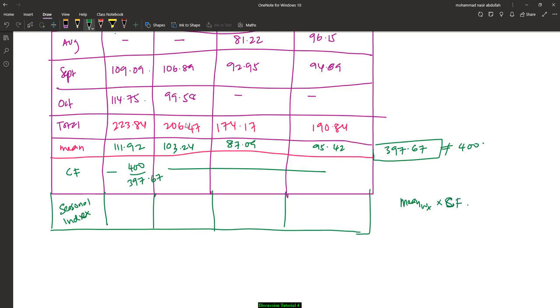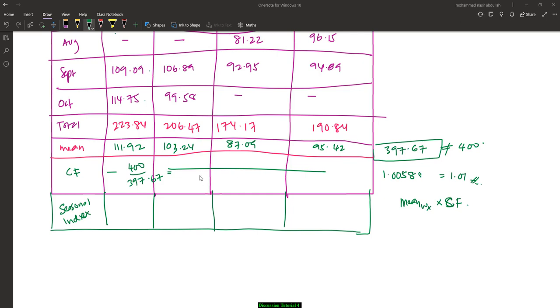Just biar macam ni senang. Right, tak payah nak convert kepada okay, 400 divide by 397.67 dapat berapa? 1.00585. You dapat basically 1.01 lah. Right. Tak payah convert lah. You just biar dalam bentuk decimal fraction.